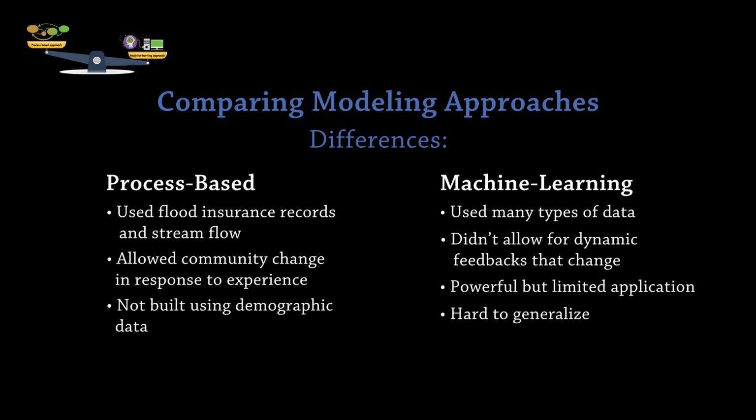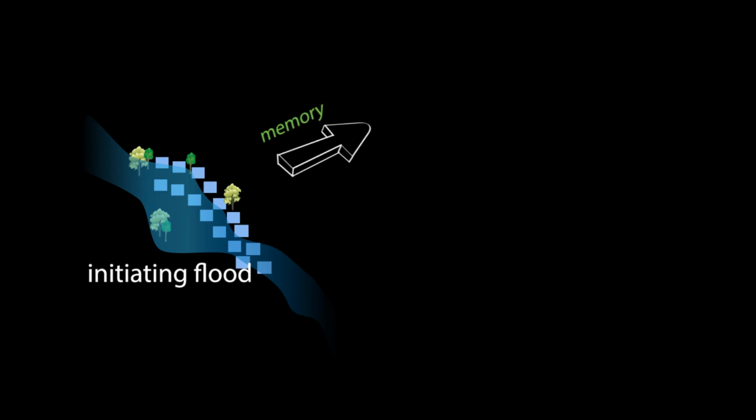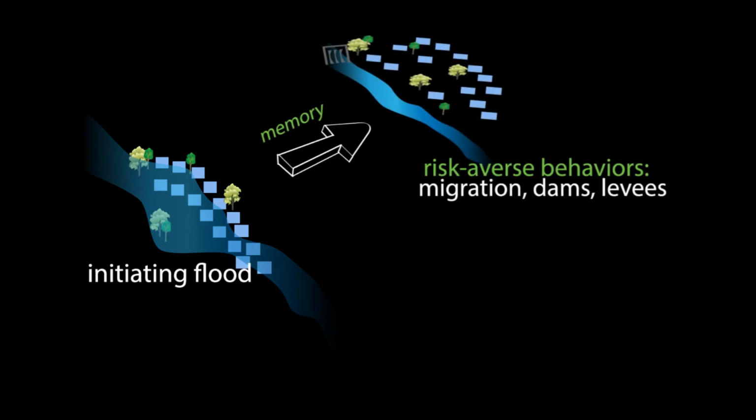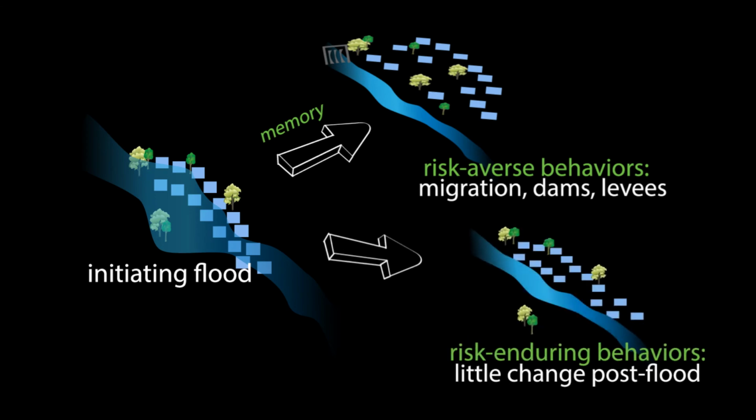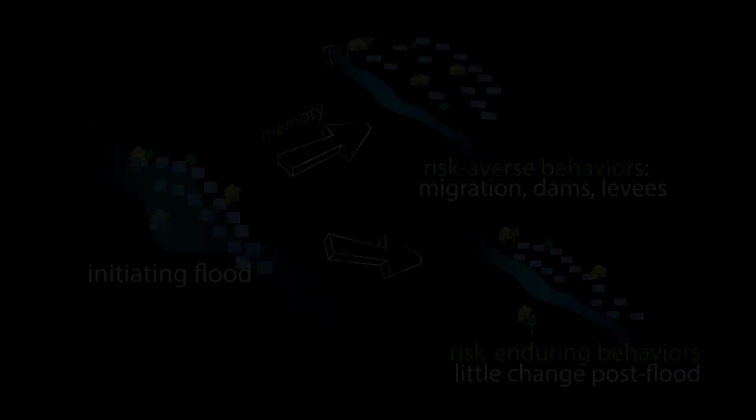The process-based model attempts to describe flooding as a function of different assumptions made about how a community's collective preferences, perspectives, and actions are related. The calibrated parameter values indicated that the insurance markets may be driven by memory in some locations and a risk-enduring situation in others. For example, our analysis showed that clusters of metropolitan areas were well described by a similar set of model parameters, suggesting the process-based model was identifying regions with similar behaviors.